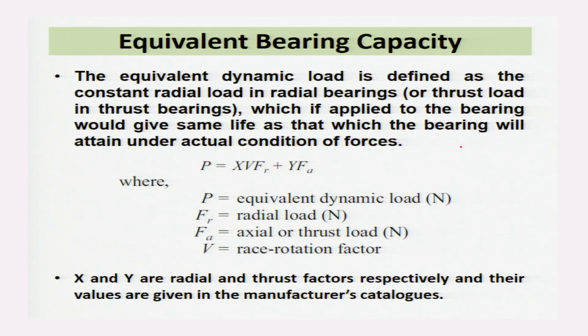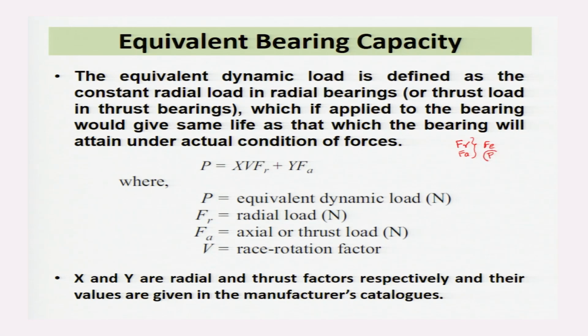The meaning is, we have a condition where both radial load Fr and axial load Fa are acting. So we will convert it into an equivalent load, which is either called Fe or simply P, as given in this equation.